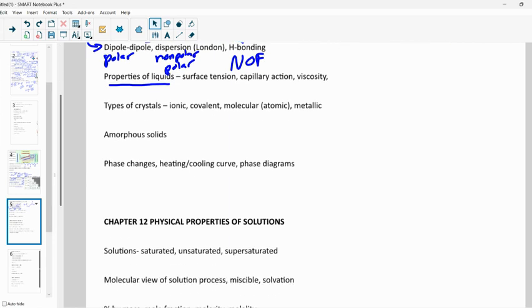Types of crystals. Two of these are really easy. Those are covalent intermolecular forces, yeah. And just dispersion, we could also put atoms in there. Like if we just had the noble gases or something like that. Noble gases we can get to turn into a liquid if we put enough pressure on them.